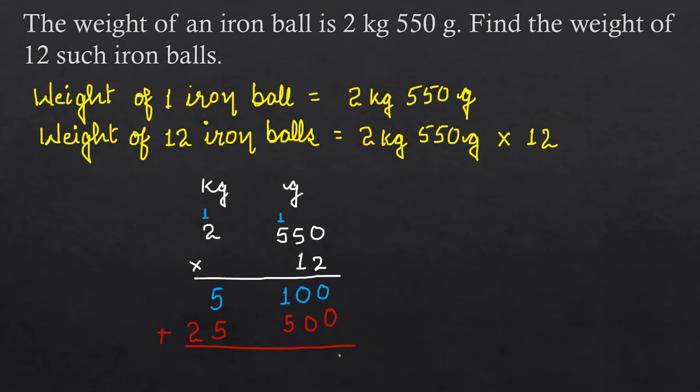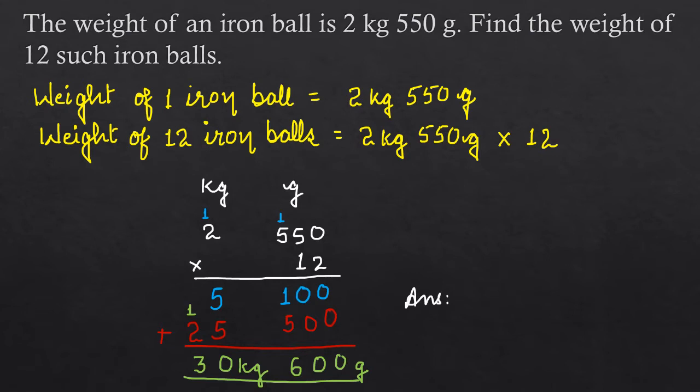Sum is 0 plus 0, 0, 0, 6, 5 plus 5, 10, 1 carry, 2 plus 1, 3. That means the product is 30 kg and 600 gram.